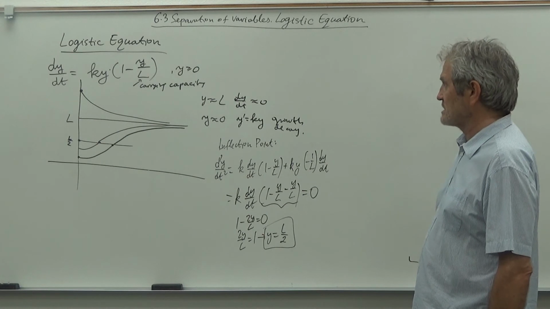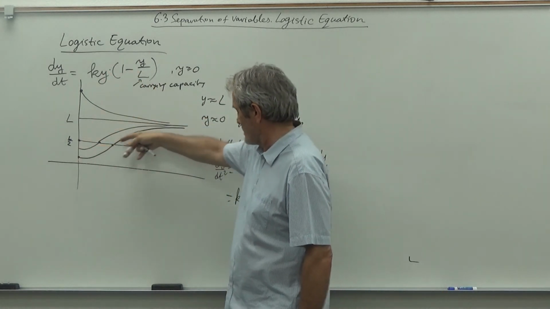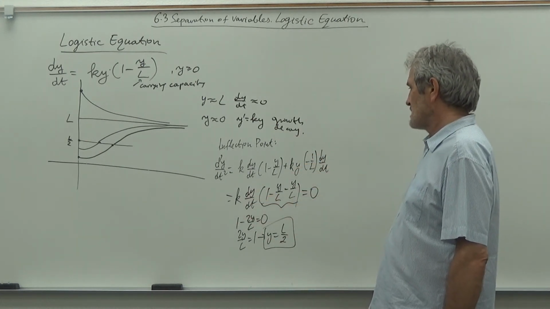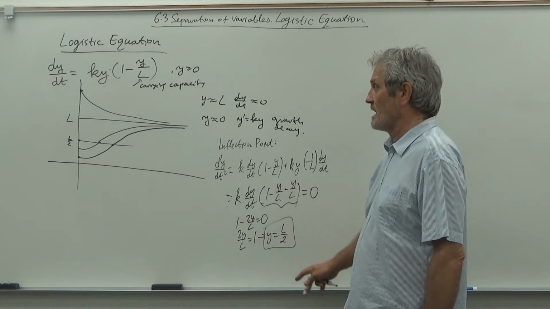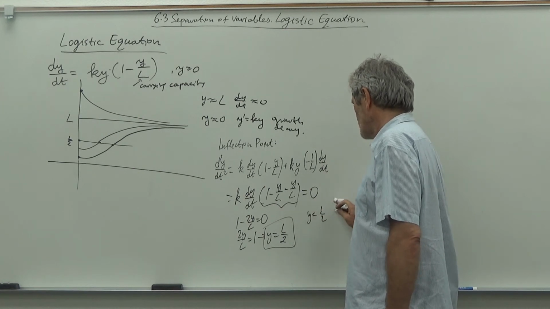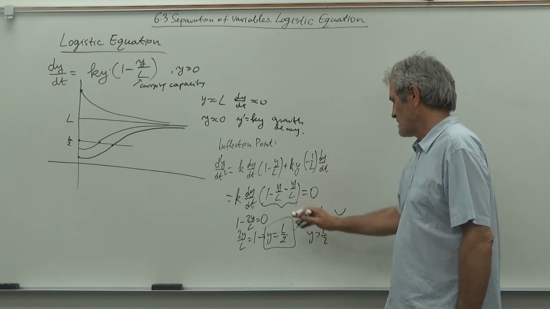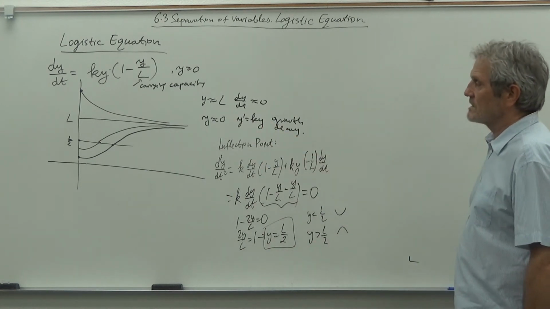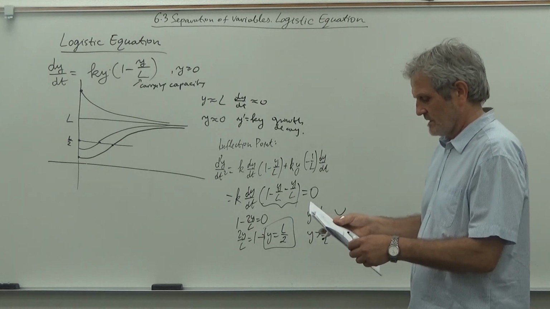Since your first derivative is positive, if you are in between here, this is positive, so you have increase. So this is positive until you reach L half, so you have concave up. So y less than L half, you are concave up. When you exceed L half, this becomes negative, so your function is concave down, as we kind of predicted from qualitative analysis.